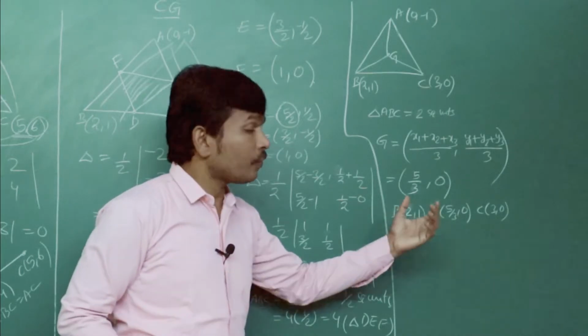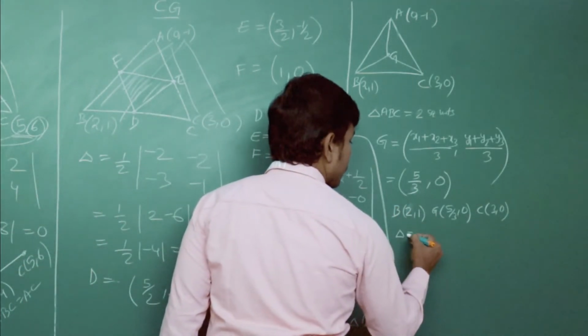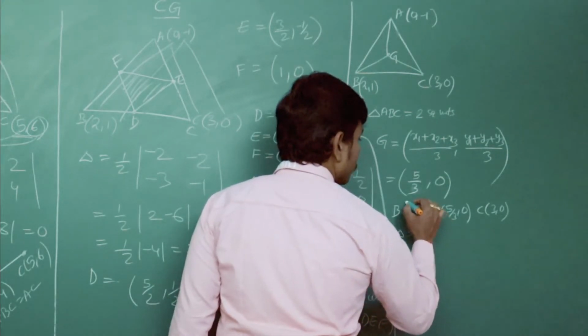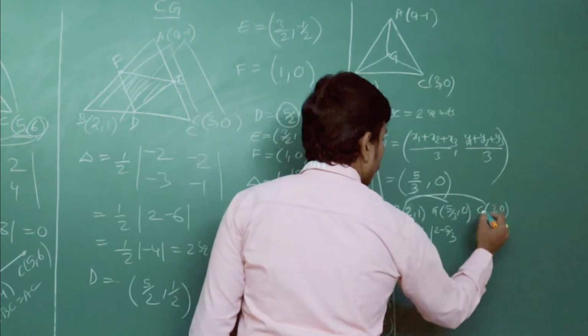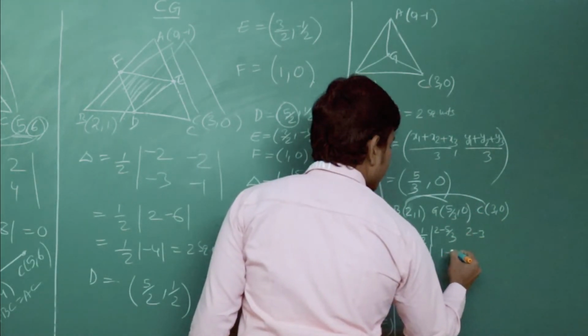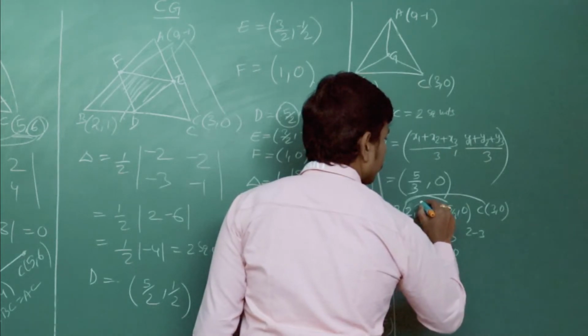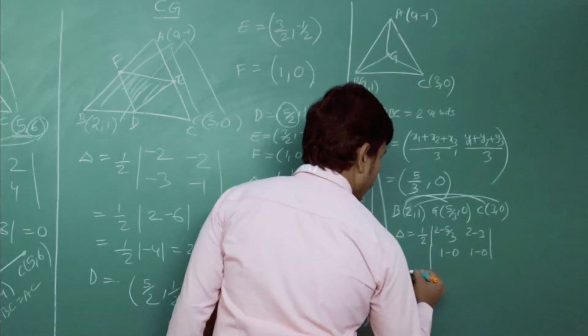Now find the area of triangle BGC. Quickly, you find it out. Delta is equal to half of 2 minus 5 by 3, 2 minus 3, 1 minus 0, 1 minus 0. So what did you get?